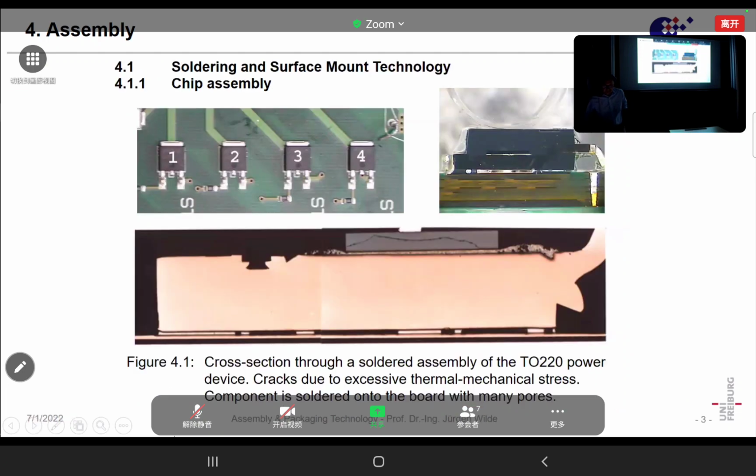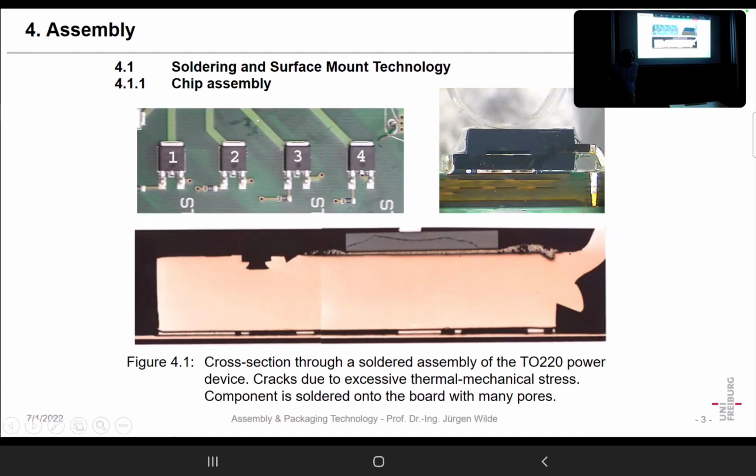And the other technology, which covers the majority of all applications, is surface mount technology. That means we have devices, and these devices are purchased in most cases via distributors.